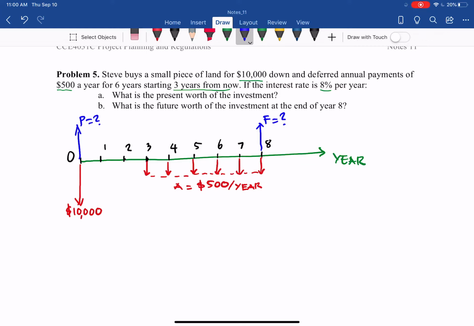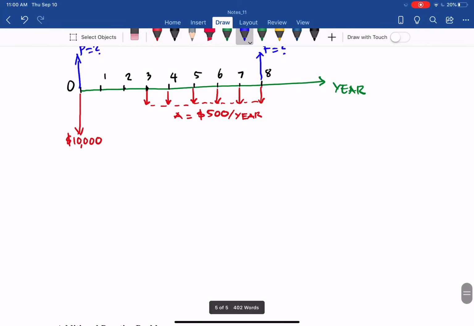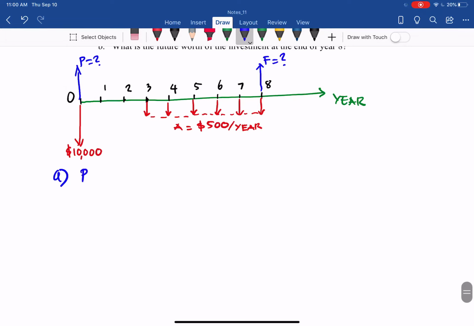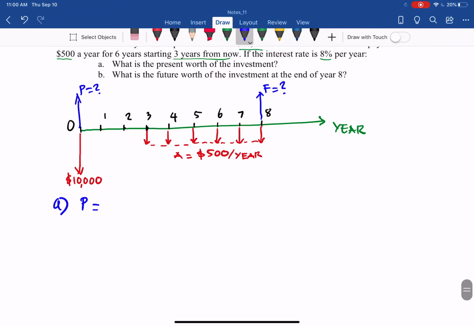So what should be the P value? Let's set up the scenario: what is the present value? So P is equal to $10,000 at year 0. It's the same year, so you don't have to do any conversion.